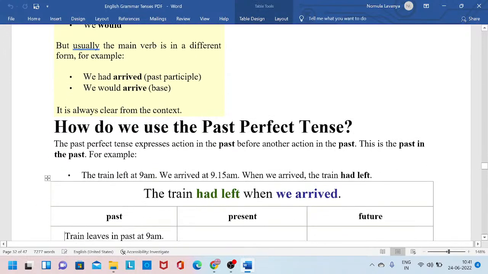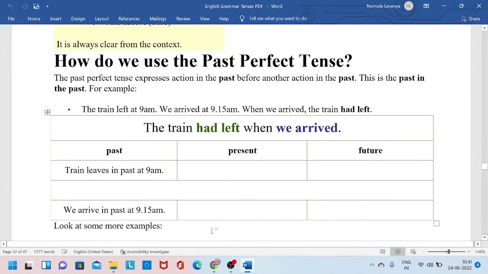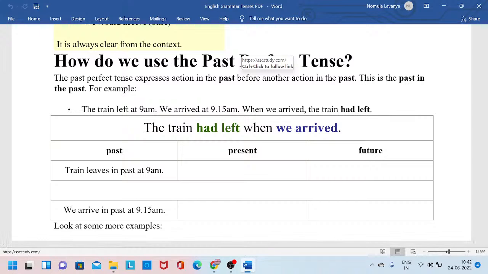How do we use the past perfect tense? Let us see the usage. The past perfect tense expresses an action in the past before another action in the past. This is a past in the past. The train left at 9 a.m. We arrived at 9:15 a.m. When we arrived, the train had left.